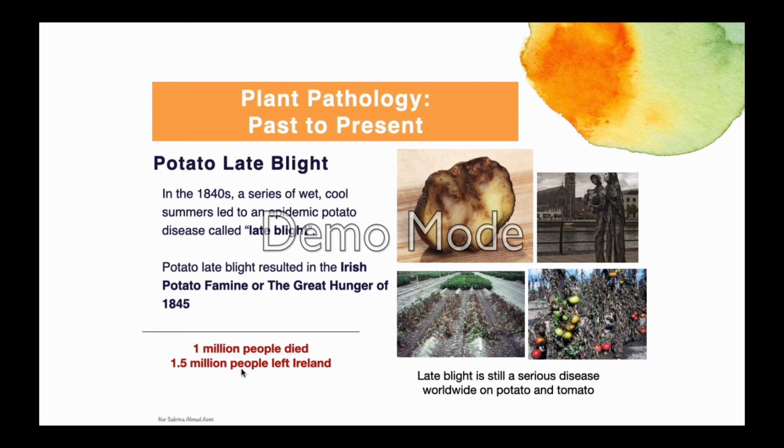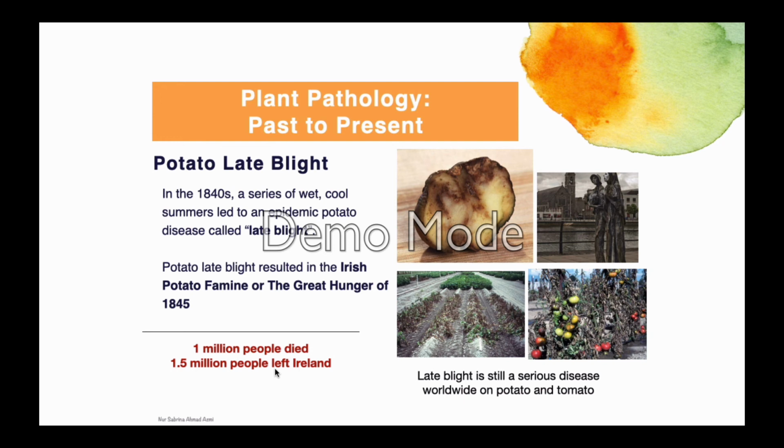Due to the migration of 1.5 million people, you can find Irish descendants in the United States of America, in Canada, in other parts of the world, and also other continents. So you can see how important and serious this disease can be to human society.